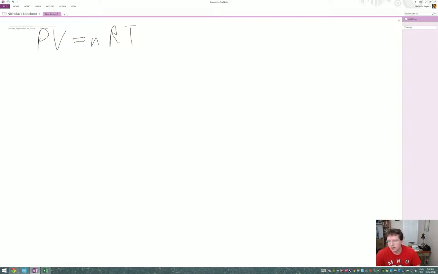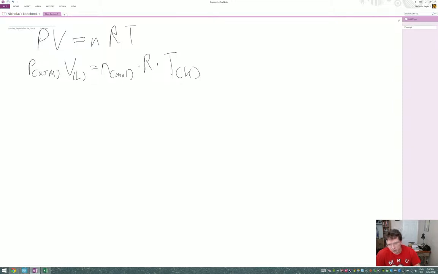So here, we are talking about P in atm, times volume in liters, is equal to n, which is going to be in moles, because that's what it's supposed to be, times R, which has many different combinations, times T, which needs to be in K. Good old Kelvin.